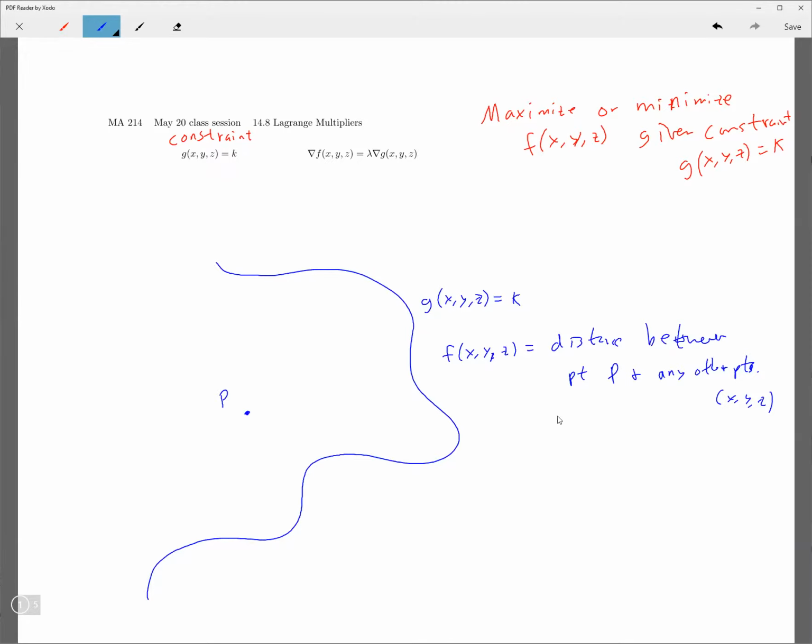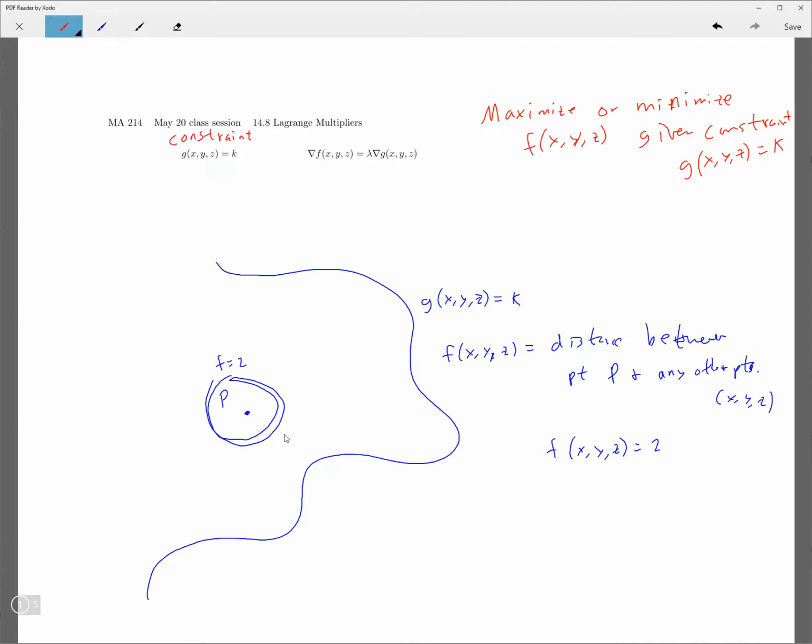Now the distance function is the square root of a bunch of stuff. If you set f of x, y, z equal to, let's say, 2, that's going to give you a circle like that. That's like f equals 2.